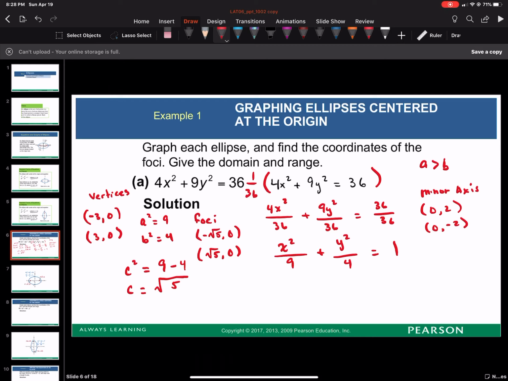So my domain would just be what? From negative 3 to positive 3. Our range would be what? From negative 2 to positive 2.